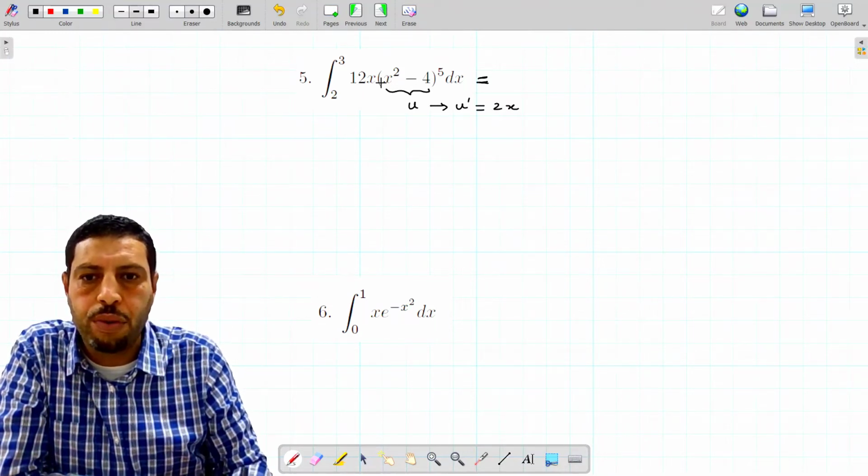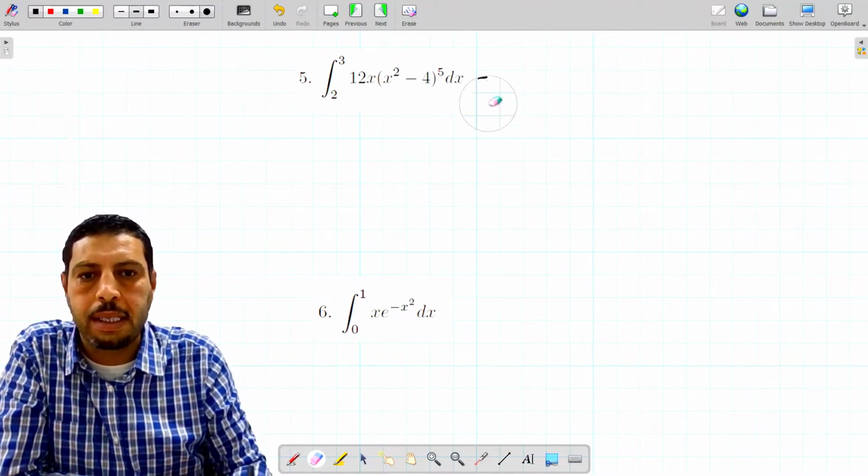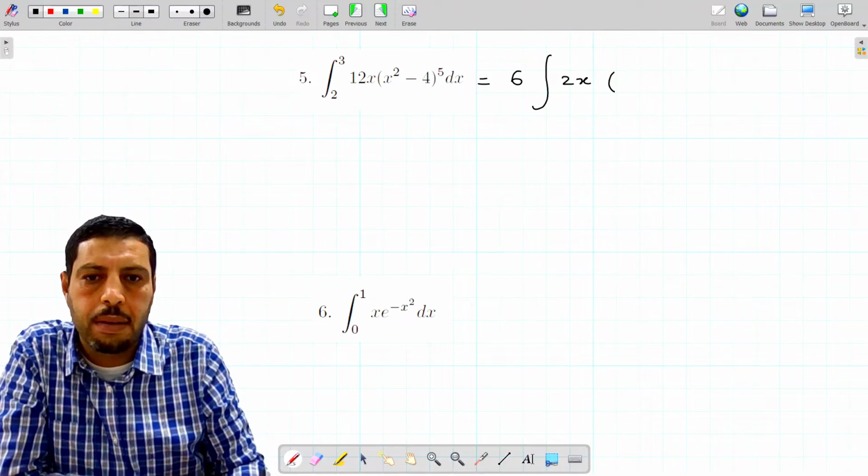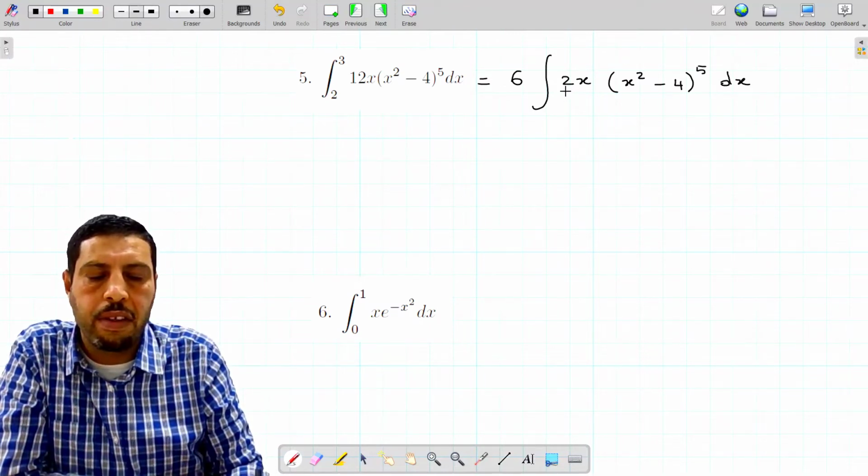So we have to show 2x in front of u to the power of n. And since we need 2x, we will put 6 outside of the integral. And we're going to write 2x times x squared minus 4 to the power of 5 dx.